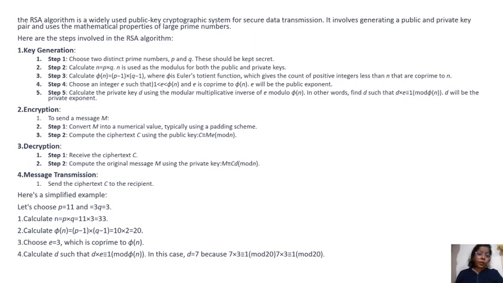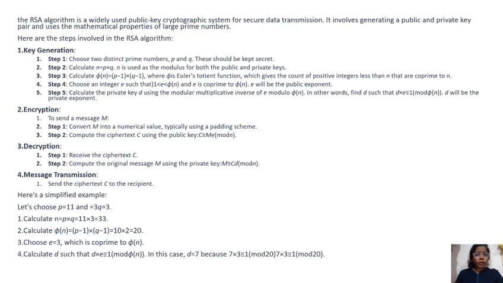In step 4, choose an integer e such that 1 is less than e, and e is less than phi of n, and e is co-prime to phi of n. e will be the public exponent.